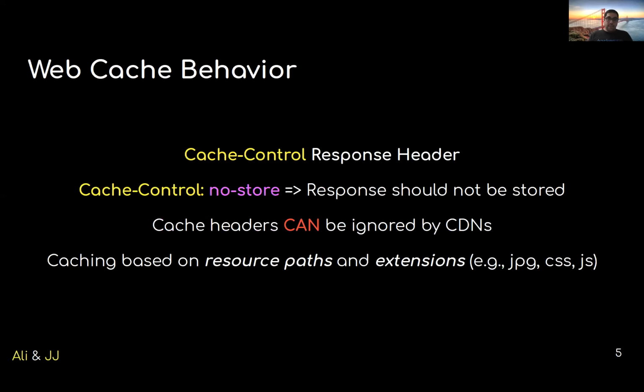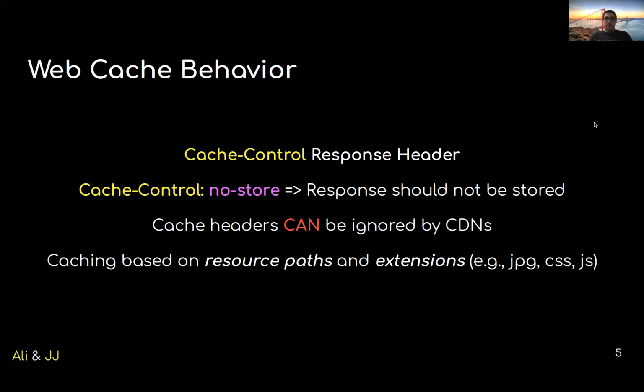Since web caching is an integral part of the web nowadays, the web community came up with standards and protocols for the different components, such as the CDN, proxy, and servers, to communicate caching policies. One of the main ones is the cache control response header, by which the web server can tell other components in the web how to behave with the response of that resource.